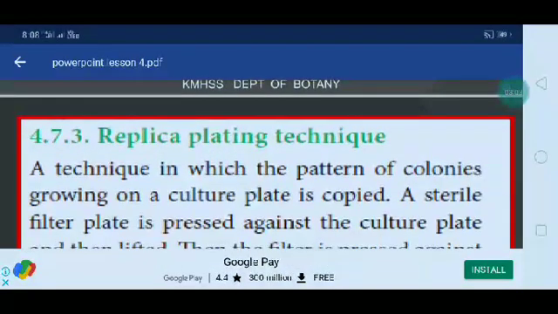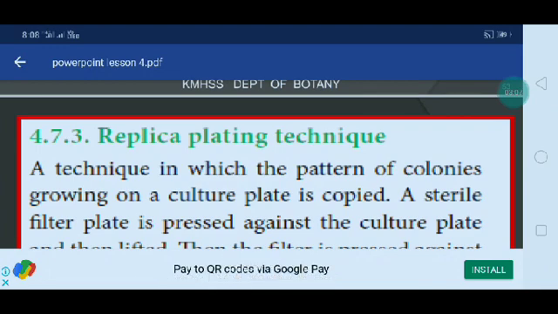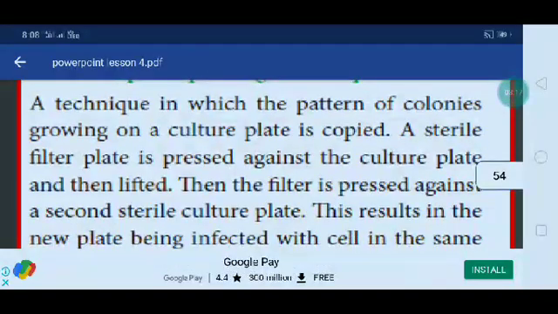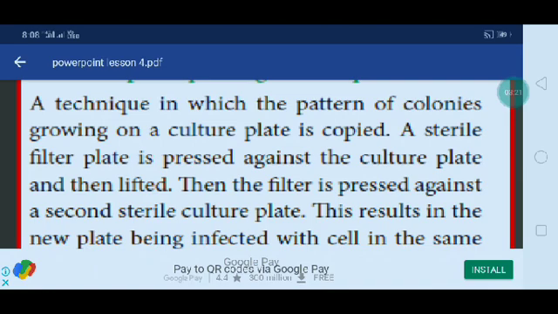The next one is the replica plating technique. This is a technique in which the pattern of colonies growing on a culture plate is copied. A sterile filter paper is pressed against the culture plate and then lifted. Then the filter is pressed against a second sterile culture plate.